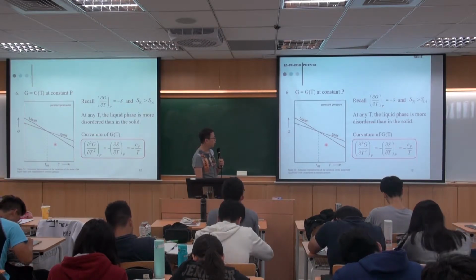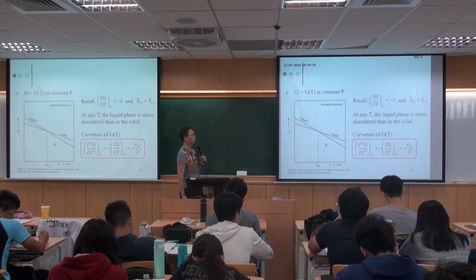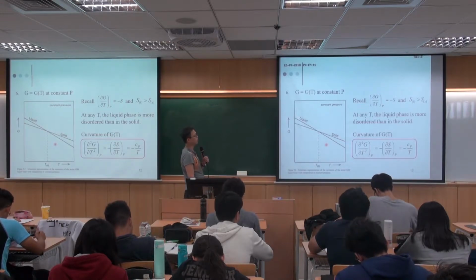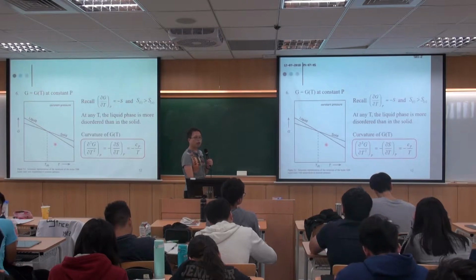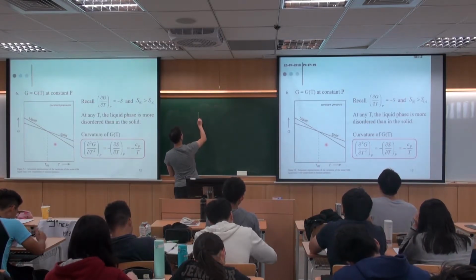And we already know that when your temperature is higher than the melting temperature, which is 0 degrees Celsius or 273 Kelvin, the Gibbs free energy for the solid should be greater than that for the liquid. Right?